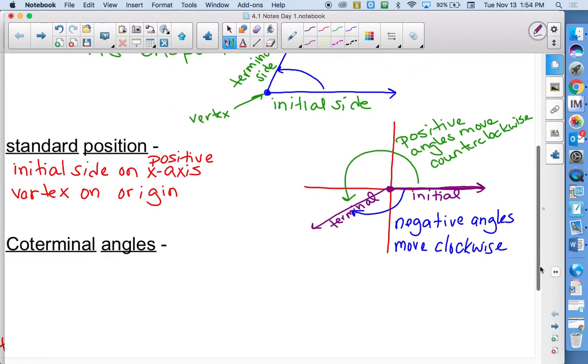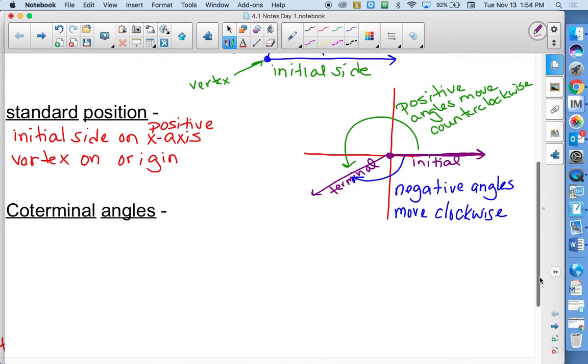There's one more vocab term, and then we're going to look at a short little example. The vocab term is called co-terminal angles. Co means two that are usually starting and ending in the same place, joining with each other, and that's what a co-terminal angle is: two or more angles with the same initial and terminal sides.